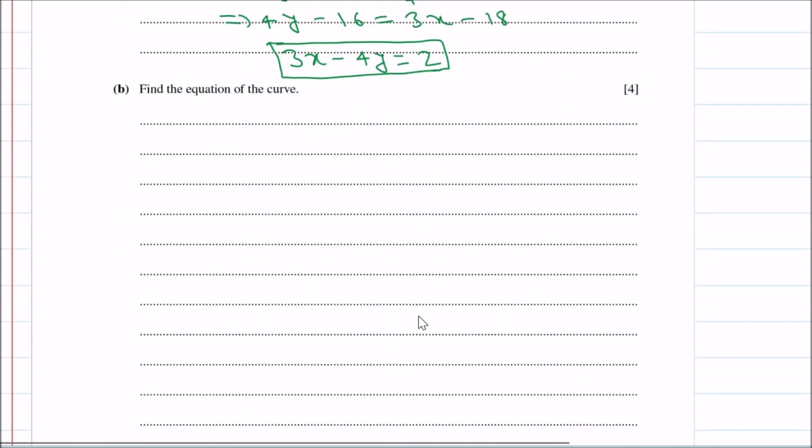It says find the equation of the curve, and you must be aware that when you have to find the equation of the curve, we need to integrate, then we have to find the value of c and then substitute. So dy by dx is given here.